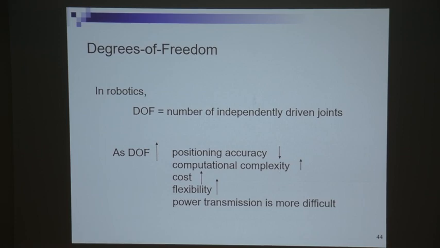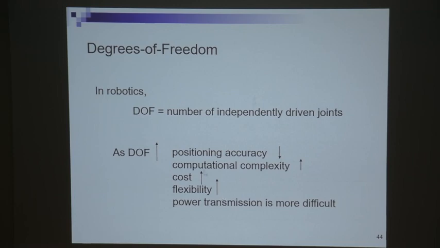You have more joints, so your position accuracy will decrease. It's harder to control, and there are more accuracy issues. Your computational complexity, of course, increases when you have more degrees of freedom. The cost will increase, but again, you will have more flexibility.